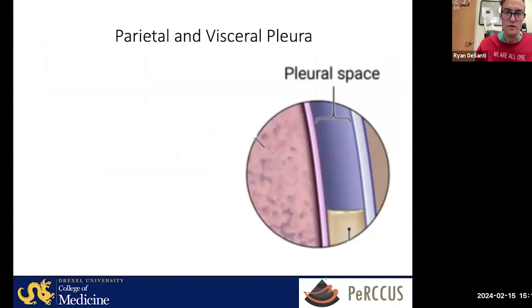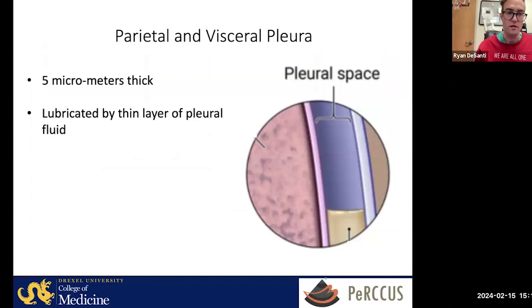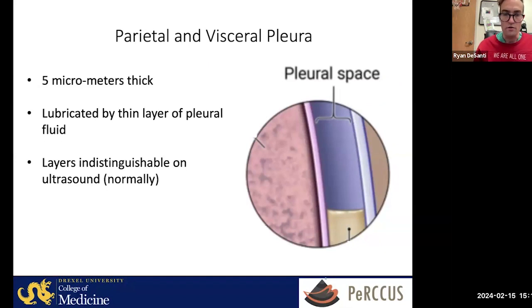And so with the lung ultrasound examination, what we're most interested in looking at is the parietal and visceral pleura. These are 5 micrometers thick and normally lubricated by a thin layer of pleural fluid. Normally on ultrasound, these layers are indistinguishable.